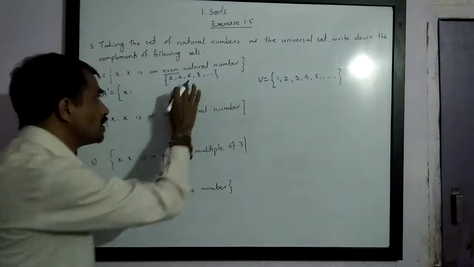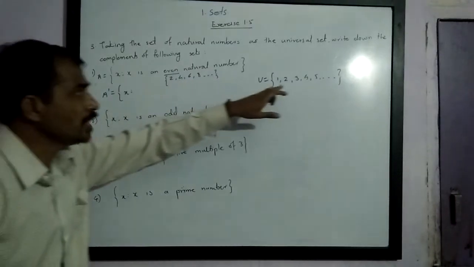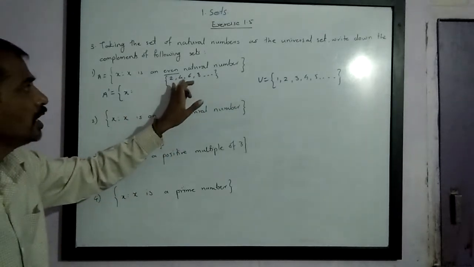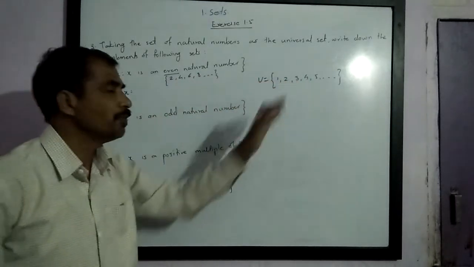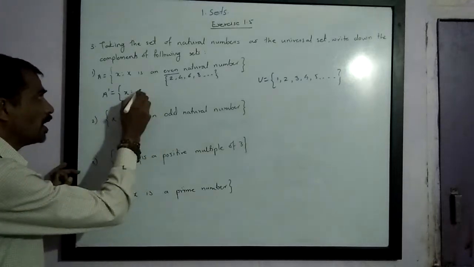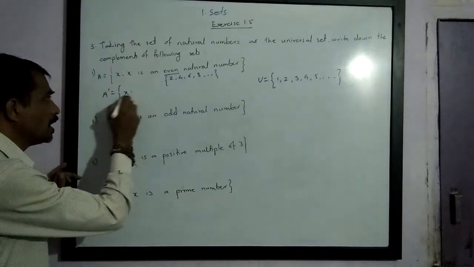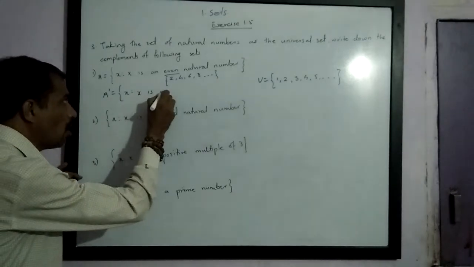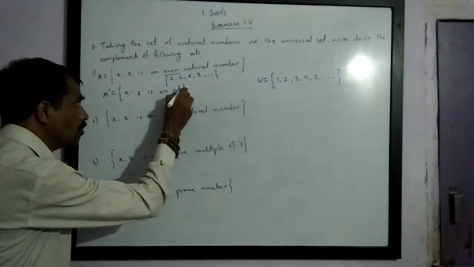The complement means those in the universal set but not in this, so it is 1, 3, 5, 7, 9 and so on. It is the set of odd natural numbers. So A's complement is the set of x such that x is an odd natural number.